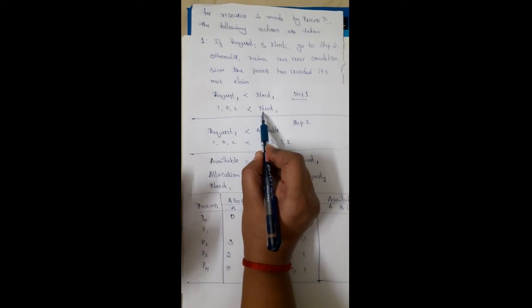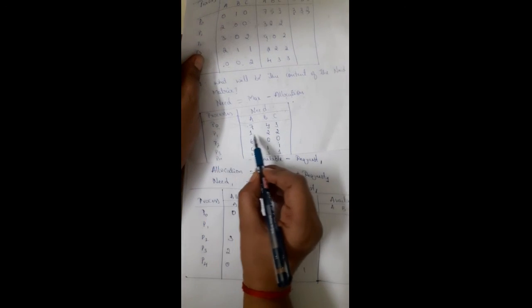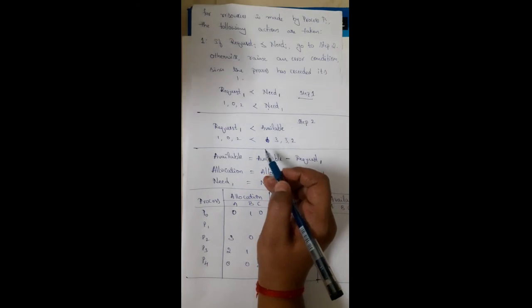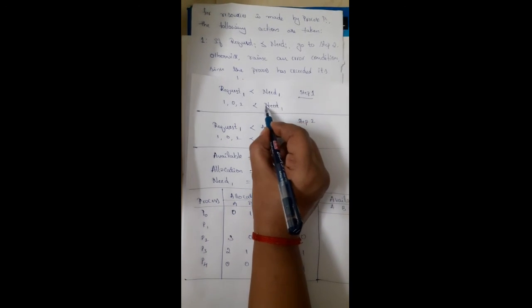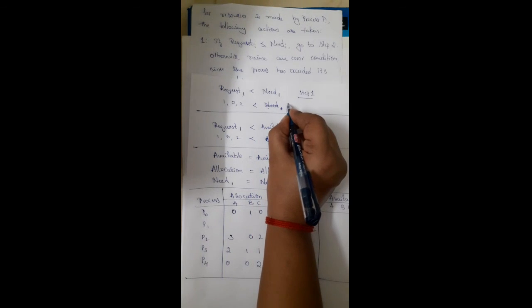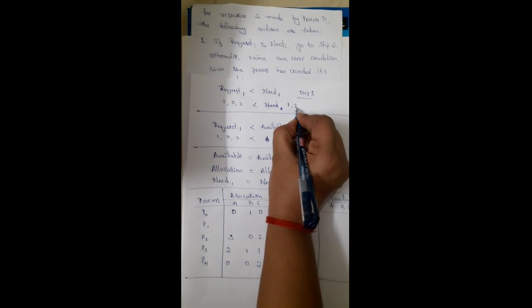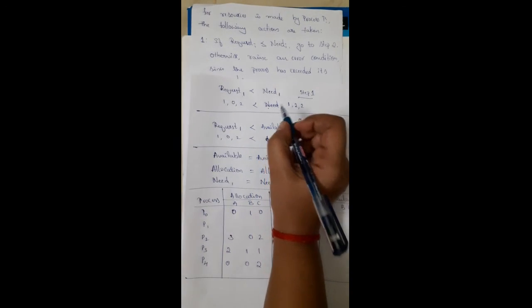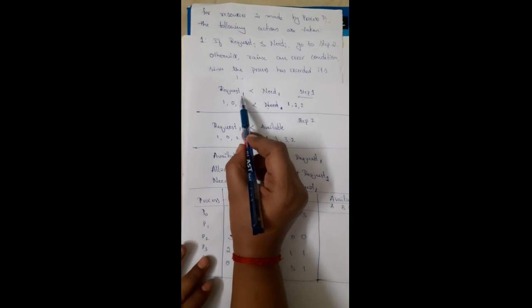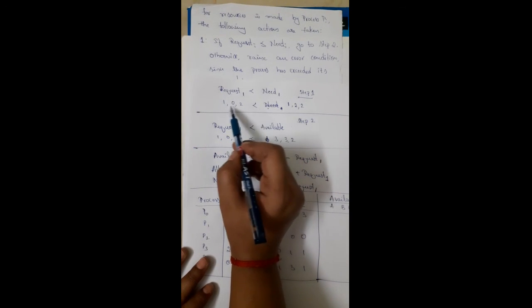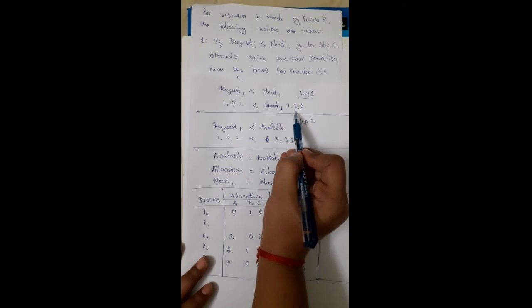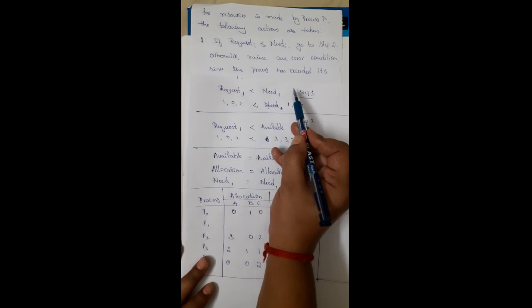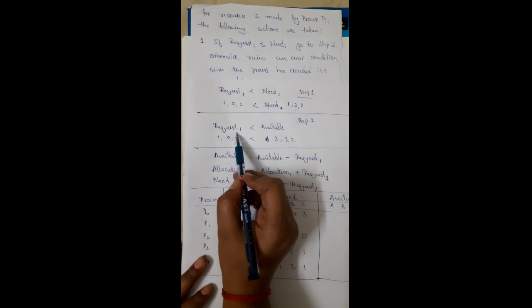Need of process 1 is 1 2 2. Now check the request of P1: it is lesser than need 1, right? So this condition holds good. Go to step 2 now.